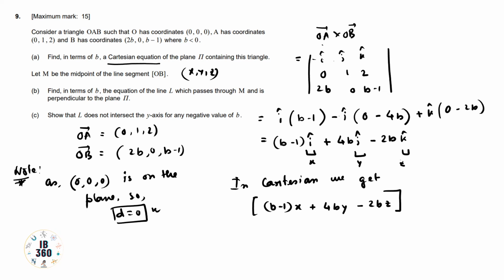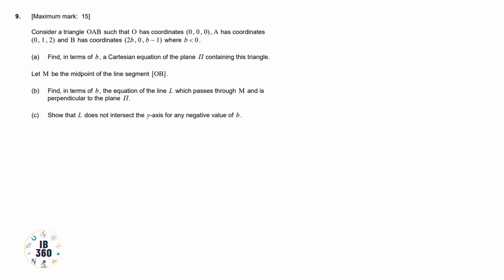So now we will move towards the next problem. This is again a very simple problem. Let M be the midpoint of the line segment OB. So what was OB? OB was 2b, comma 0, comma b minus 1. Assume this is OB and this is the midpoint M, so what will be the coordinate of the midpoint M?